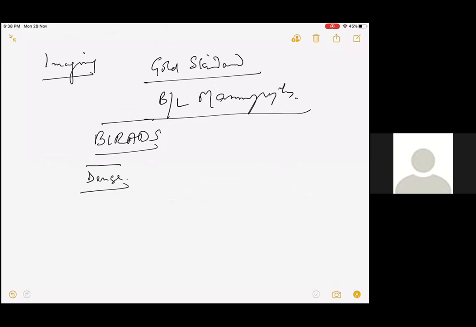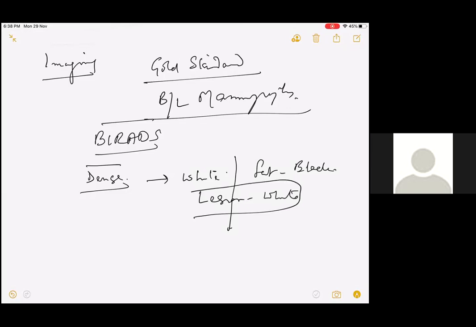The dense breast would look white. Fat looks black. The lesion looks white. So naturally, which one would be better for mammography?